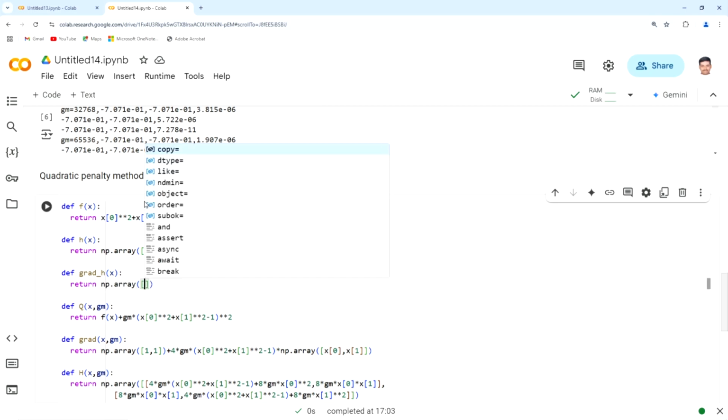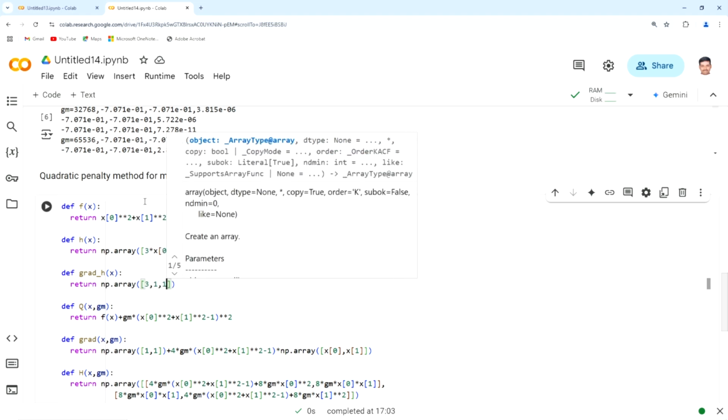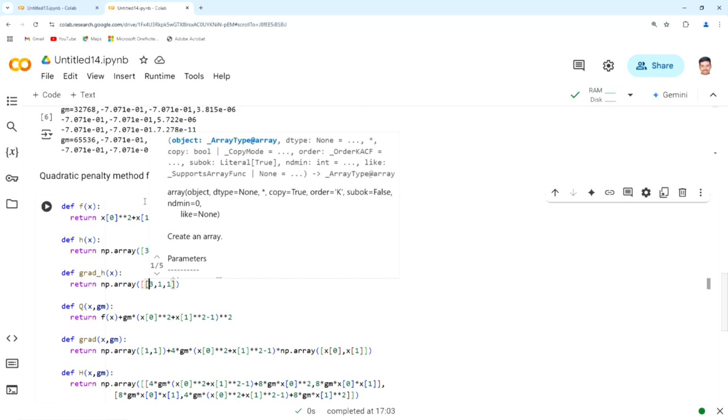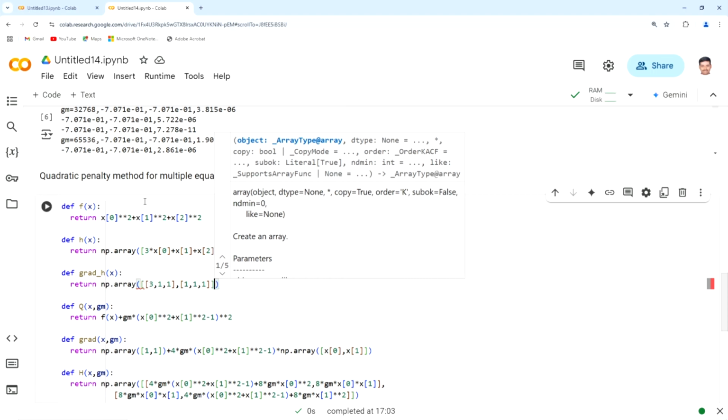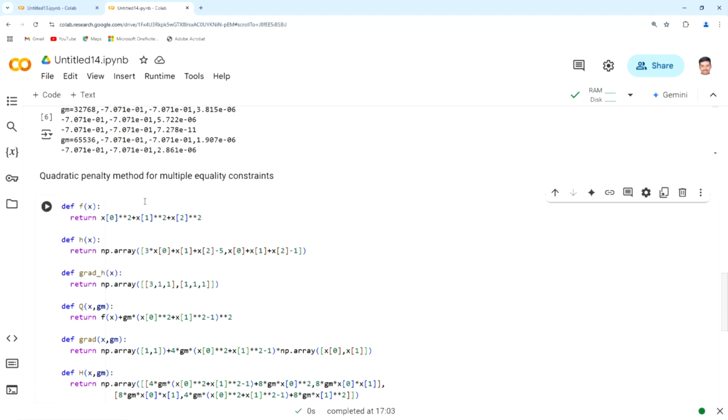So, when you take the gradient of the first equality, you get 3 1 1, and for the second you get 1 1 1, okay, all right. And yeah, so now that we have defined h and grad h, right.